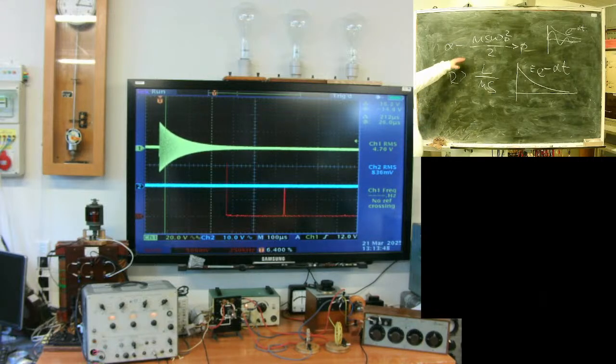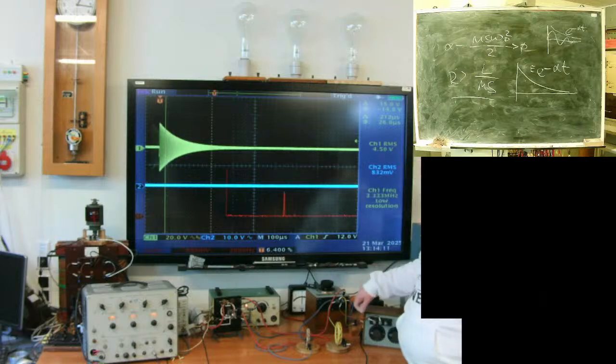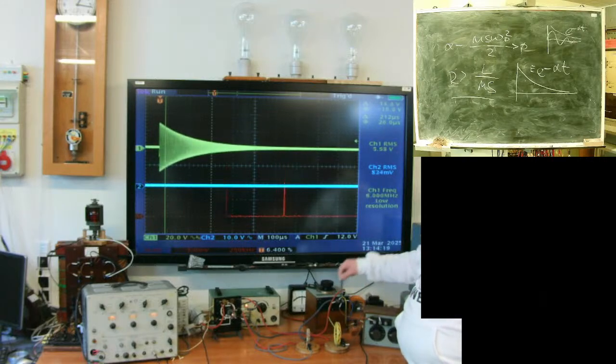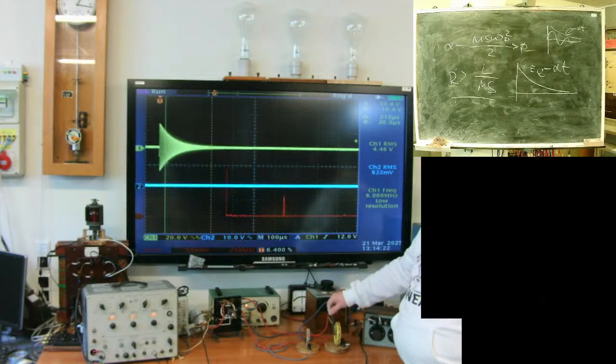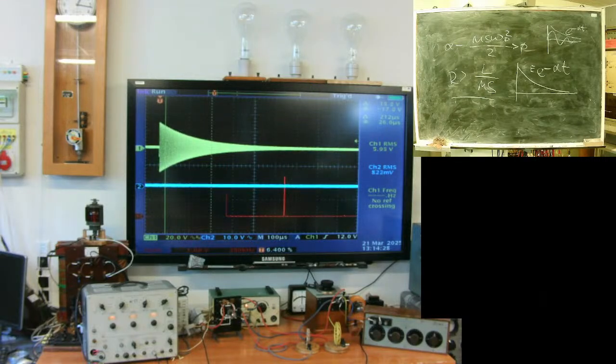So here the criterion includes frequency, resistance, all here. I can play with inductance. Increase. An increase of inductance makes it a bit more stable.